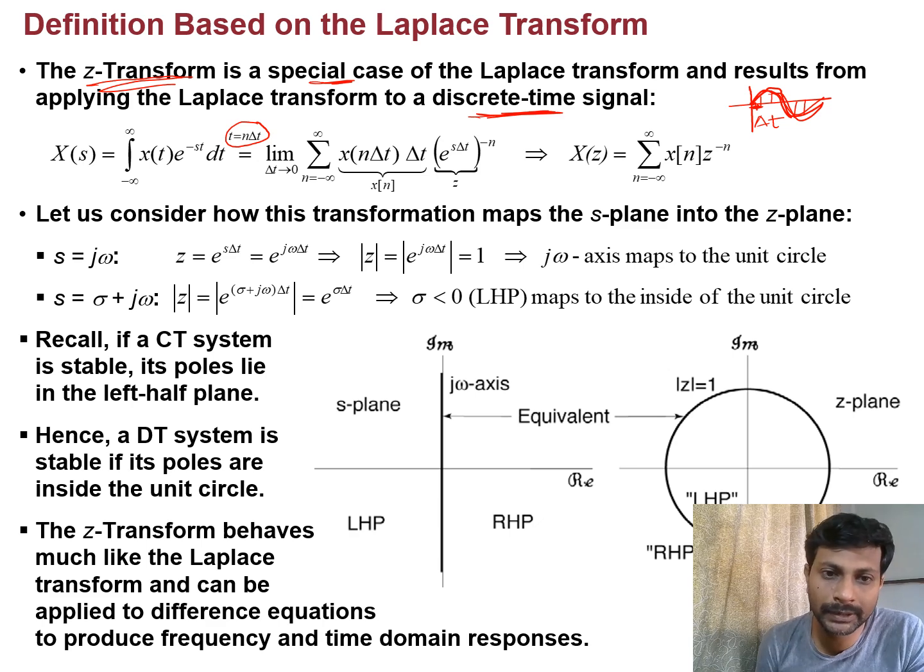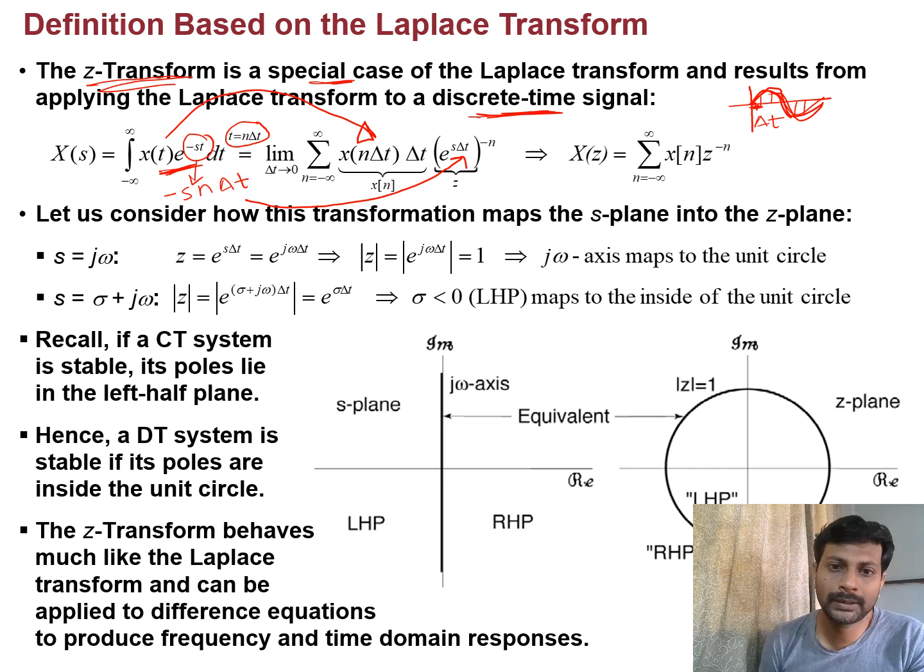So we replace t equal to n delta t in this Laplace transform. So t is replaced by n delta t, and e to the power minus st is given by e to the power minus s n delta t. So it is presented by e to the power s delta t, to the power minus n.